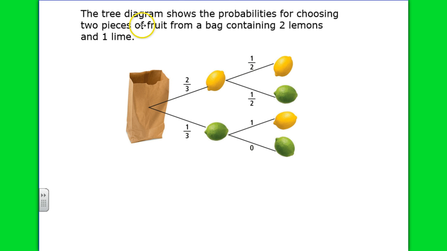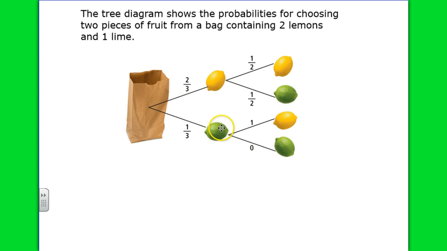So this shows the probabilities for choosing 2 pieces of fruit. What are the combos, right? Containing 2 lemons and 1 lime. So you could put your hand in and pull out a lemon. Actually, there were 2 lemons in there, right? So the probability was 2 out of 3, or 67%. And the other, there's only 1 lime, so 1/3 of the time.